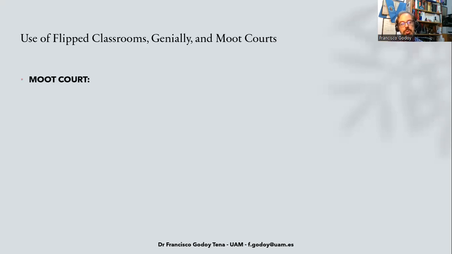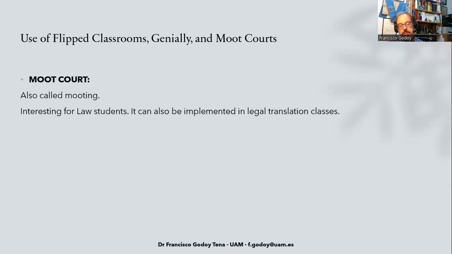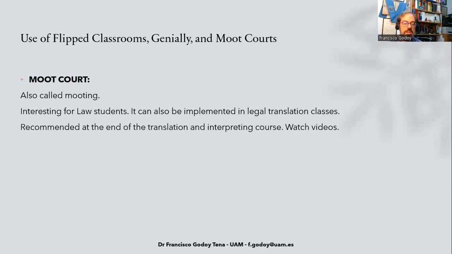In the case of moot courts, that could be at the end of the courses. Also code mooting is really interesting for law students, but also can be implemented for legal translation classes and also for international classes of law. And it could be, as I said before, at the end of the translation and interpretation courses.